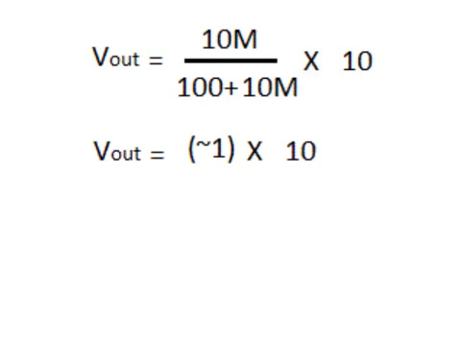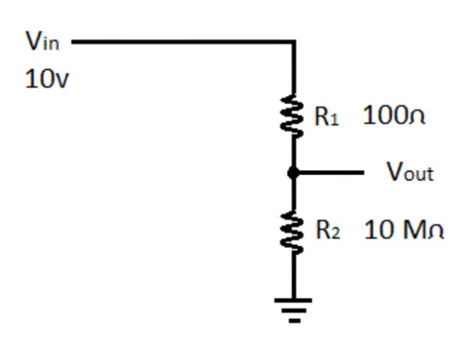So let's just say it's approximately equal to 1. So output voltage equals 1 times 10 volts, which is 10 volts. So when we've got a voltage divider where the lower resistor is very high compared to the upper resistor, we can say that the output voltage is equal to the input voltage.